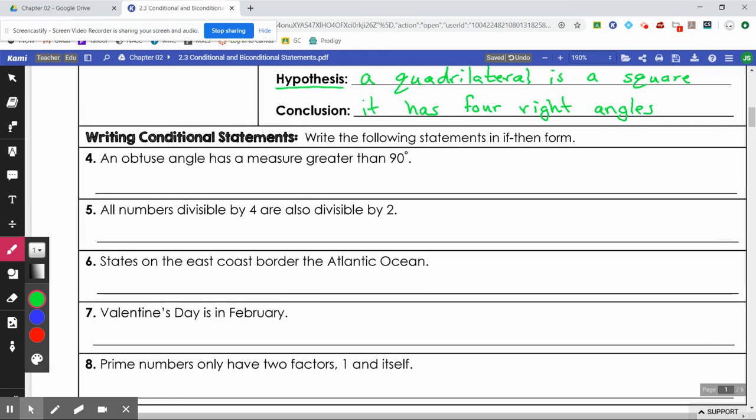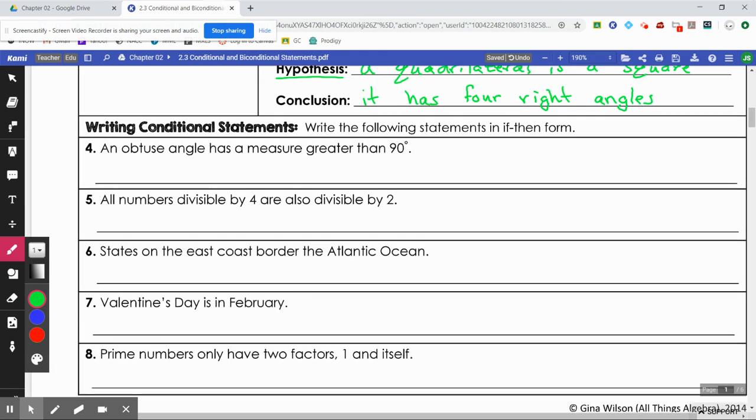Writing conditional statements. Now, sometimes they're not in the right form for us. Sometimes we're going to have to write them in an if-then type form, such as number 4, which says an obtuse angle has a measure greater than 90. That's not in if-then form, but let's try to identify what the conditions are, and then if those conditions are met, what the conclusion would be.